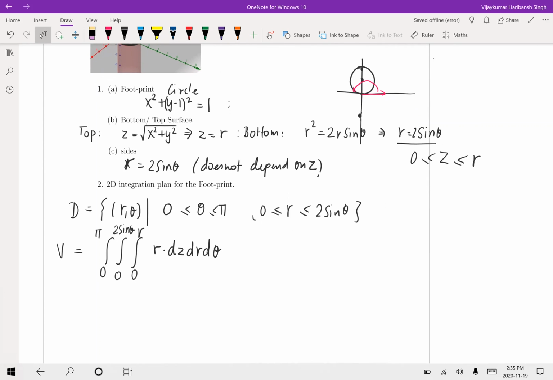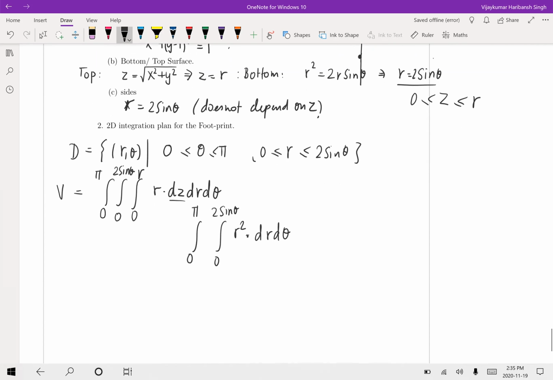So in that case, when you integrate dz, you get r z, and then when you put the limits, you get r squared, from 0 to 2 sine theta, and 0 to pi, dr d theta.